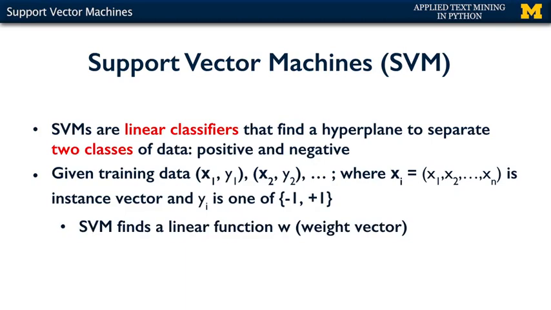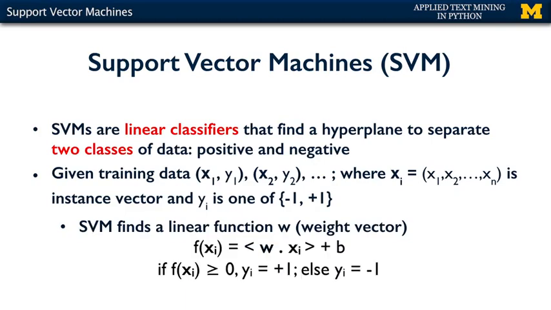Then SVM will find a linear function w, a weight vector, such that the function f of xi is the dot product of w and xi, w dot xi, with some bias term. The idea is that for a new xi, if f of xi is greater than 0, then the label is +1, otherwise the label is -1.